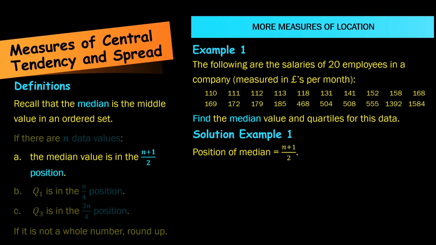So let's solve this. We first find the median. The median is in the (n+1)/2th position. And as there are 20 employees, the position of the median is (20+1)/2.